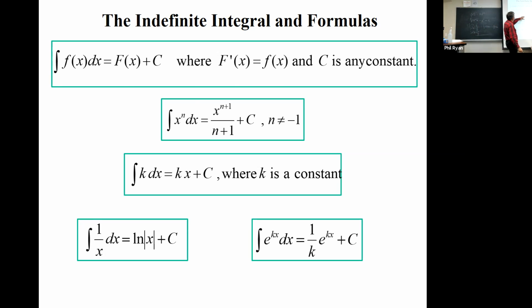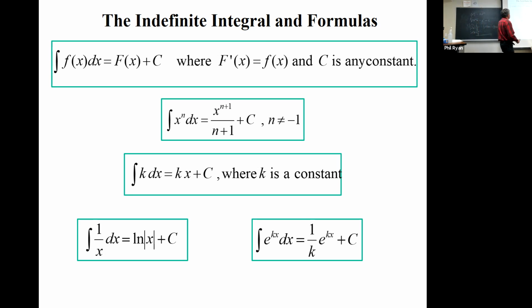So when we take the antiderivative of any power, we add 1 to the power and we divide through by that power. So this is the power rule for antiderivatives.